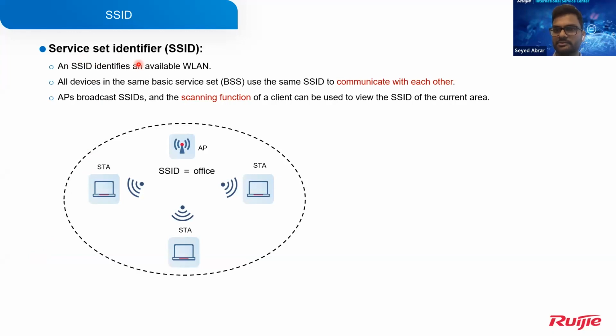Every time your devices will probe the wireless connection to connect through the SSID. So we call SSID a WLAN profile. We can create an SSID. All the devices in the basic service set, BSS, use the same SSID. So I'll give some difference between BSS and SSID.